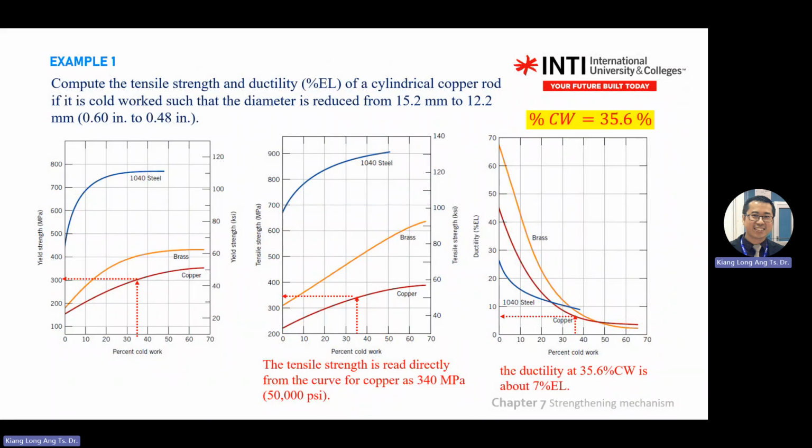Okay, so you should be able to differentiate tensile strength and yield strength.